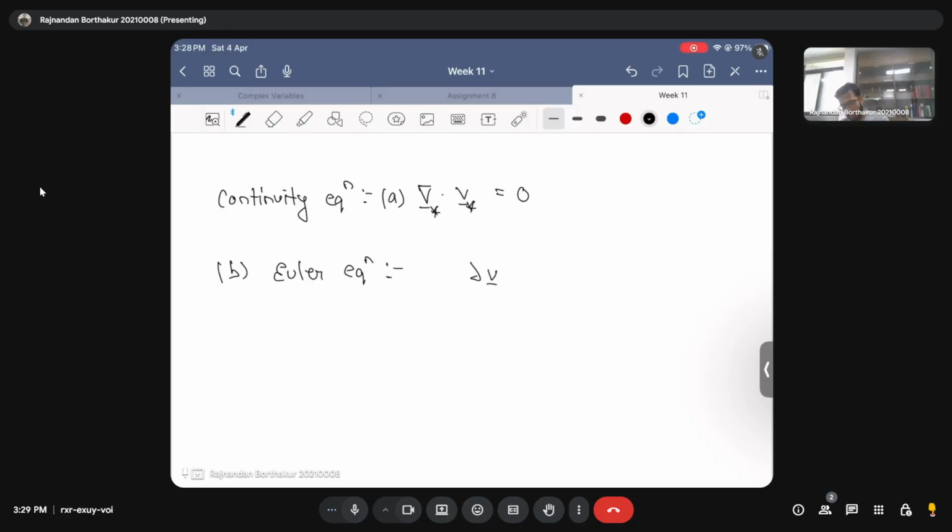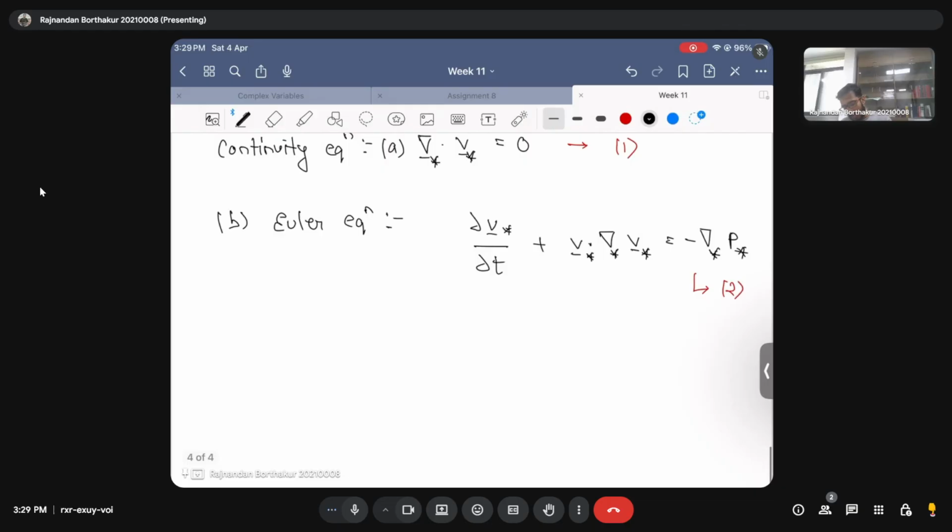So it is del v star by del t plus v star dot grad of v star, and this is equal to minus grad of p star. So that's the continuity equation written for the dimensional total variable, and this is the Euler equation written for the dimensional velocity and the dimensional pressure.